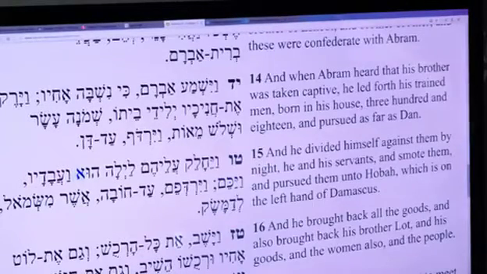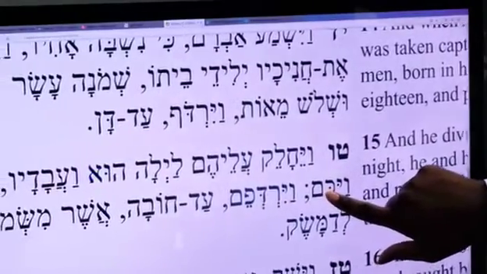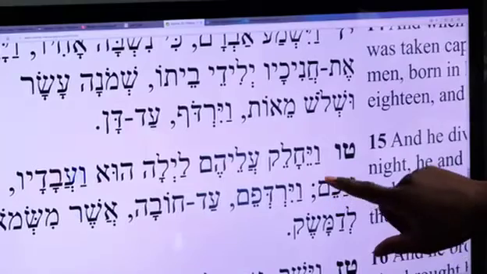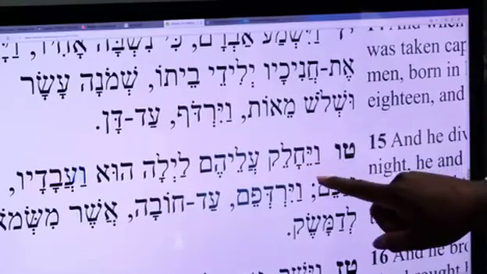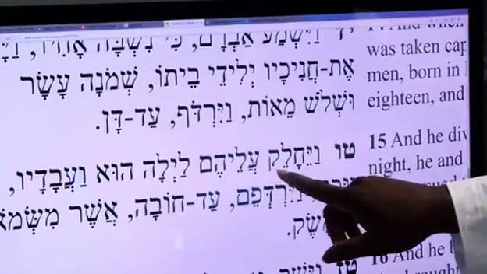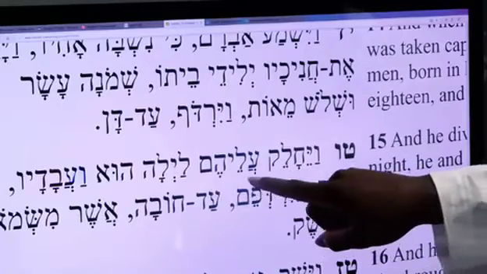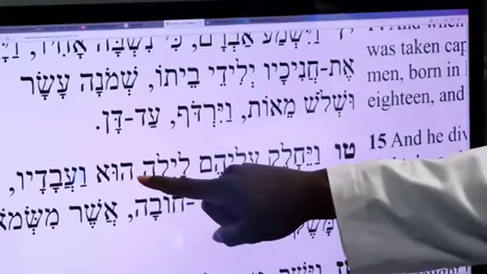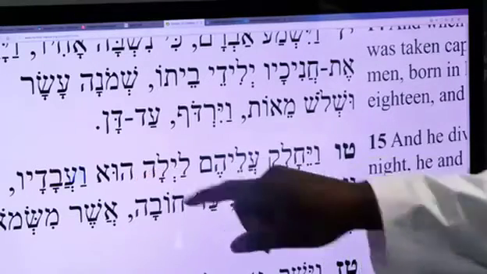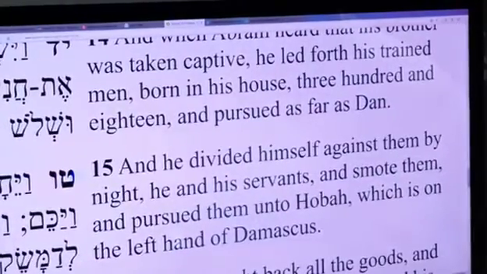Let's zoom in. So it says, Wayah chalak, and he divided between them, layala, night, hawa, him. I think it's translated as him, or himself.